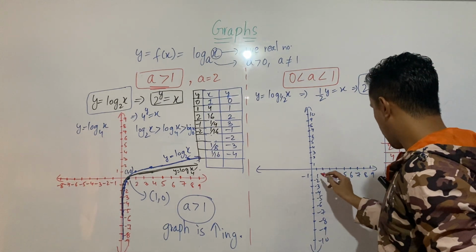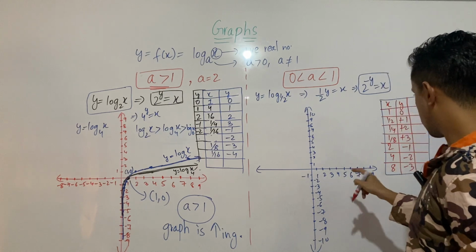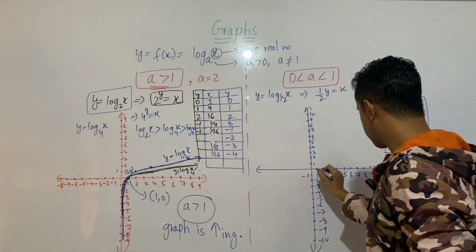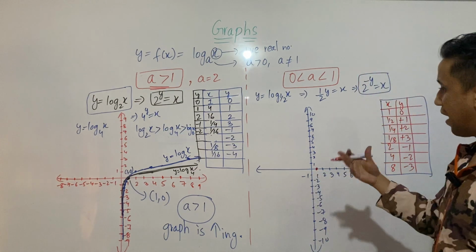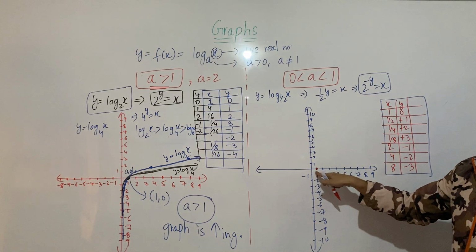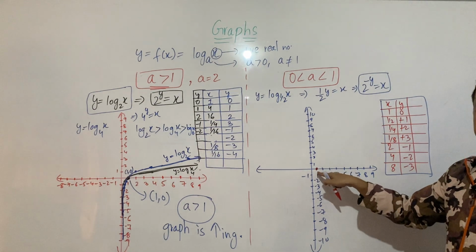y is 0, x is 1. y is 0 means this point. I've told you all the logarithmic graphs will pass through this point on the x-axis, (1, 0).